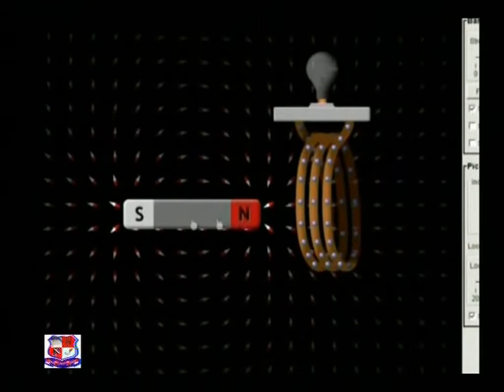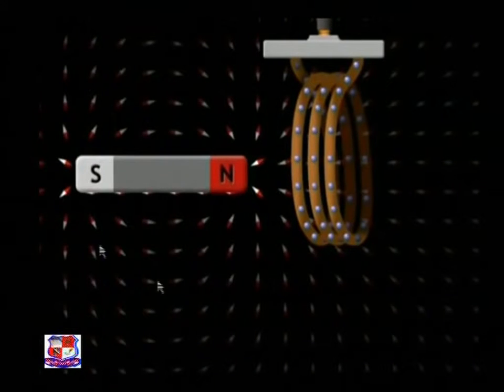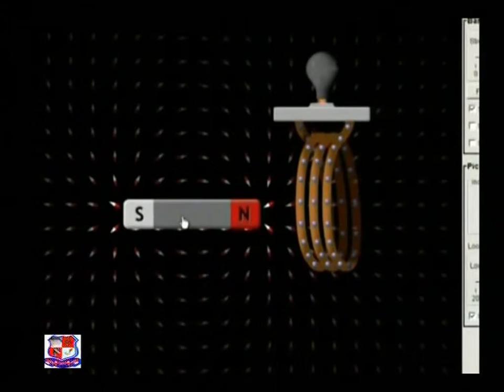What we've got here is a permanent magnet with north and south, and we can see the magnetic field created by that magnet around it on the screen. Inside the magnet we've got a loop of wire to which a light bulb is attached. Here is a demonstration of Faraday's law.